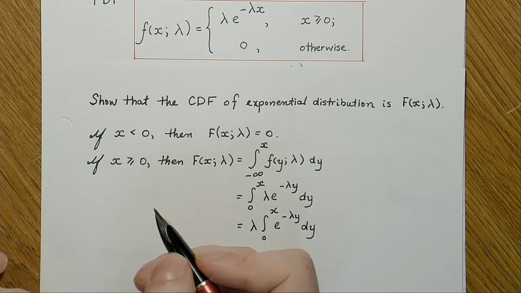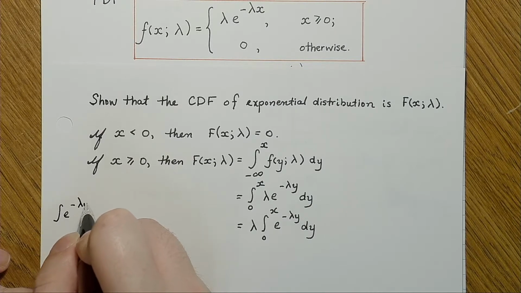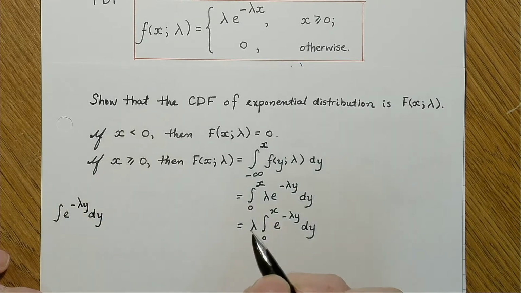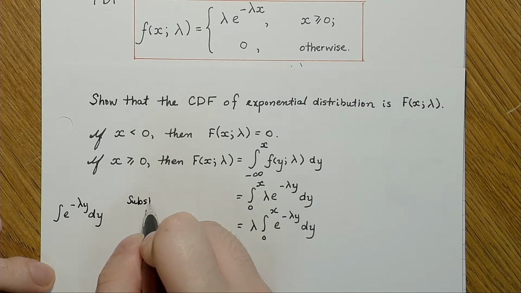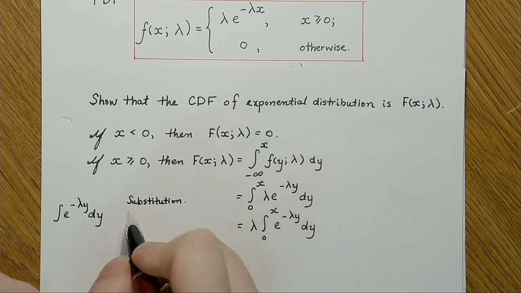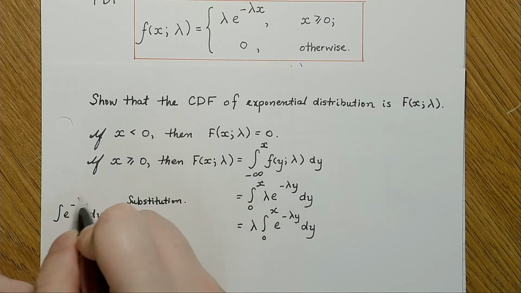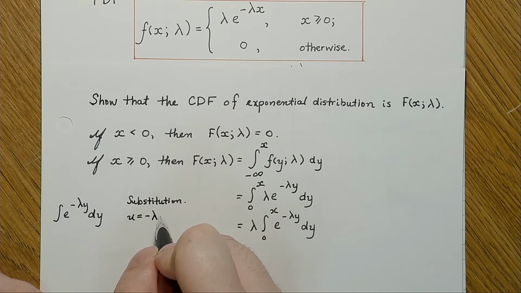So just over here, I'll write e to the minus lambda y dy. For this substitution, I'm going to replace what I have in the exponent, minus lambda y, with u.